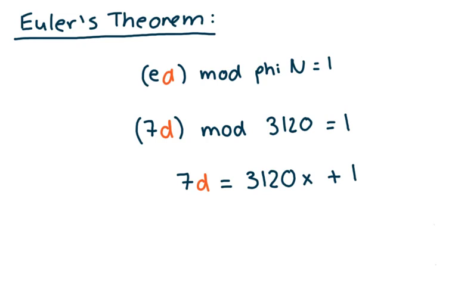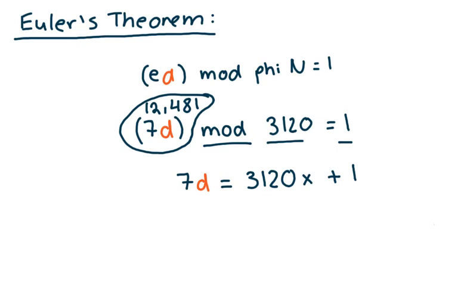So in this particular instance, 4 worked as our x, and that was because 12,481 mod 3,120 is equal to 1. And this, when we set 7D equal to 12,481, we got that D was an integer.